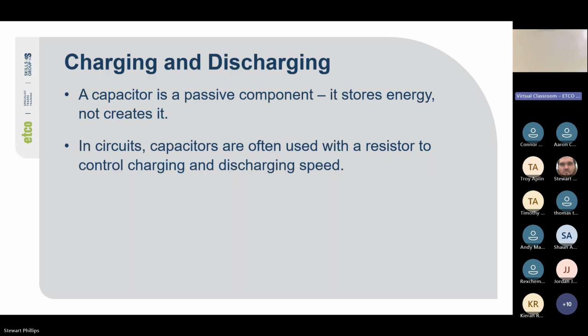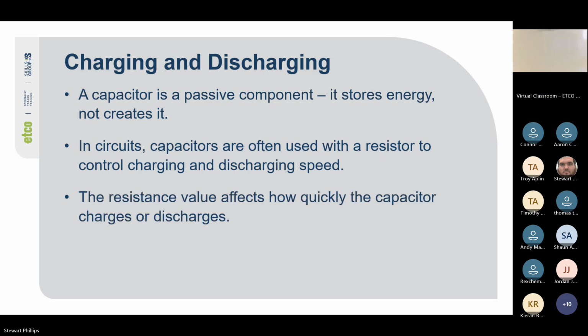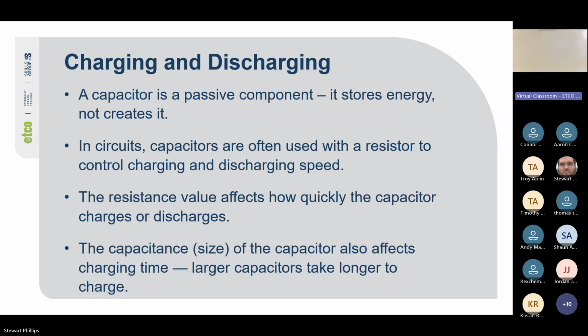The resistance value of the resistor directly affects how long the capacitor takes to charge. Cool. Another factor that affects charging time is the size of the capacitor, as capacitance. A larger capacitor can hold more charge, so it takes longer to fill or charge up.